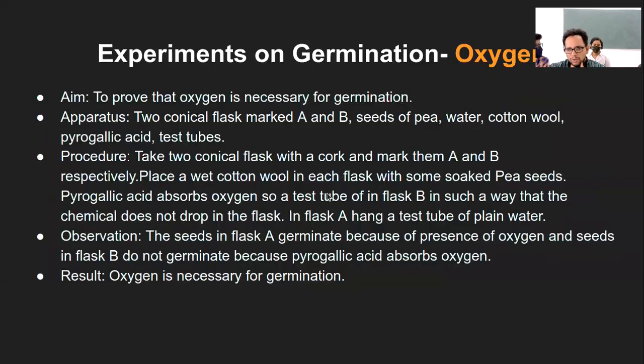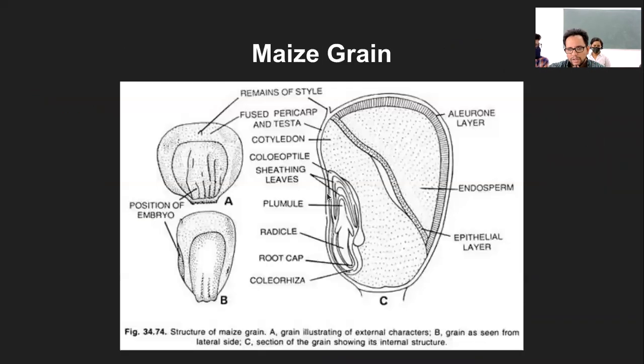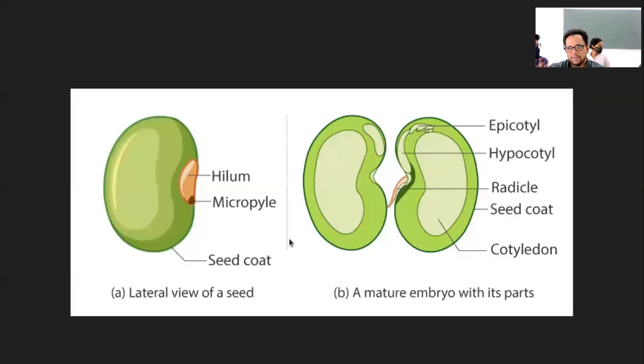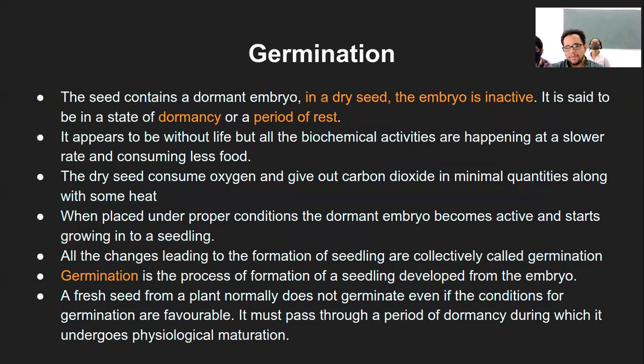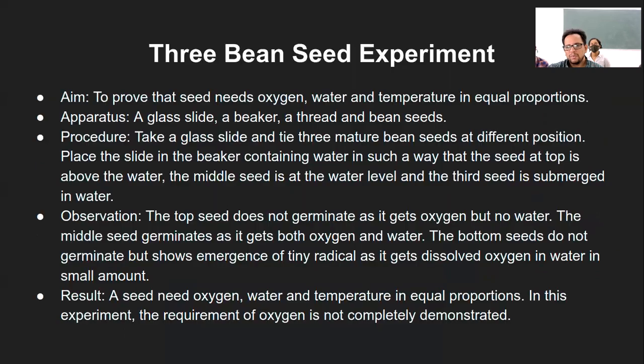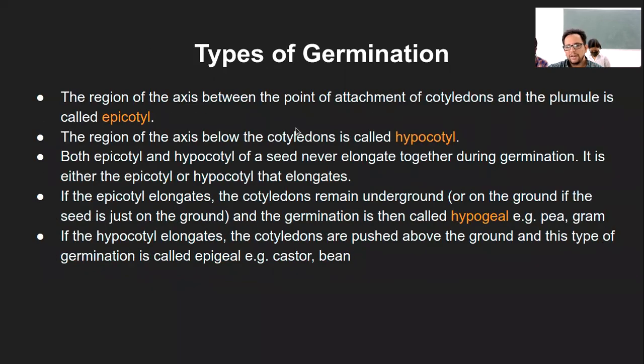If you want me to go back to that diagram quickly, yeah. So here the epicotyl and hypocotyl are parts of the plumule and the radicle portion, or you can simply say part of the embryo. Now, after the germination process, if the epicotyl elongates and the cotyledons remain underground, below the ground, that is why this type of germination is called hypogeal.